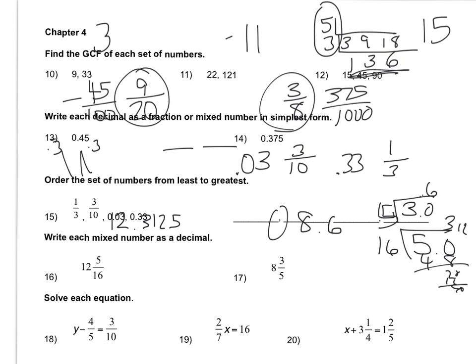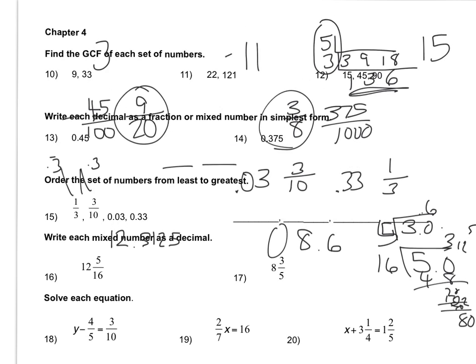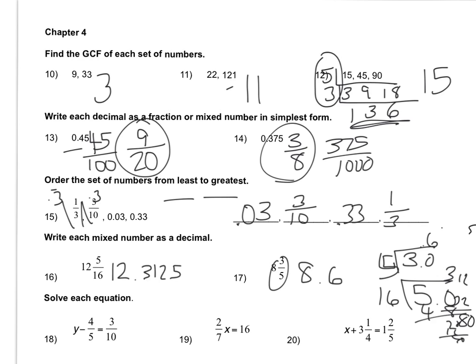So 32, I believe, and then we get 8, and bring down one more 0 for the 5. So 0.3125 is 5/16, but you might have to do that longhand if you don't have that one memorized.